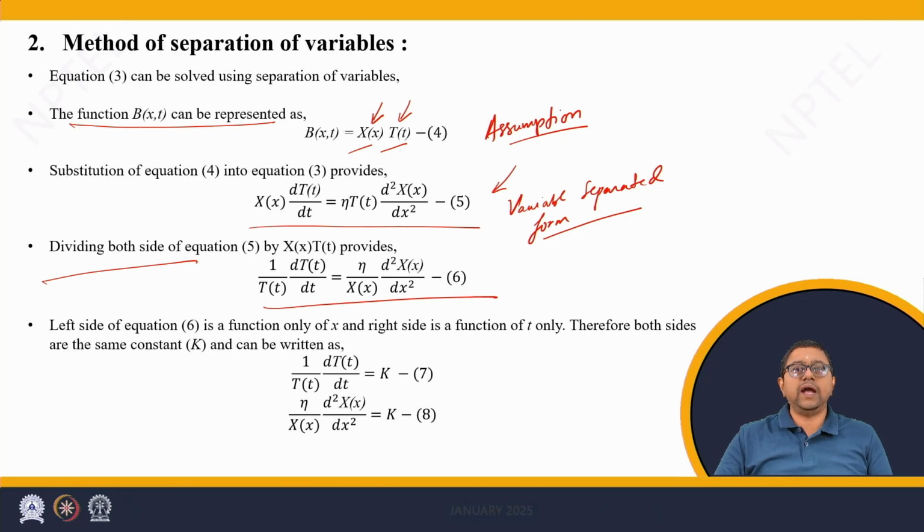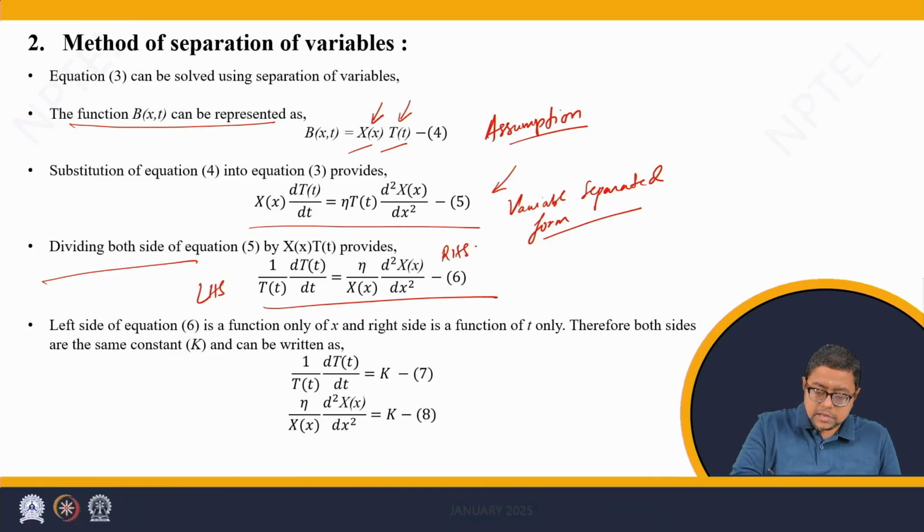Now, look at this form. The left hand side is only a function of time, whereas the right hand side is only a function of space. Now, since they are equal, it cannot be equal to any dependency on either time or x. Thus, these two parts, left hand side and right hand side, are equal to a constant.